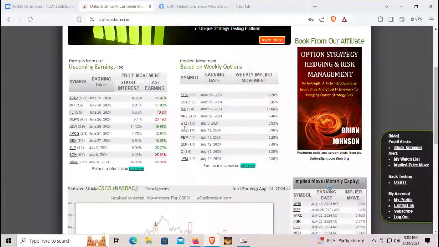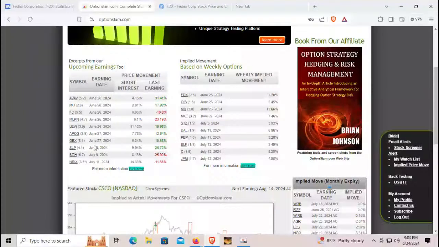I think the one before 4th of July is STZ Constellation. And then after that, we have Delta, Pepsi, BlackRock, Citi. The banks start through the summer. We have some upcoming earnings.